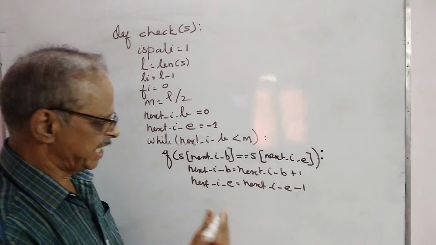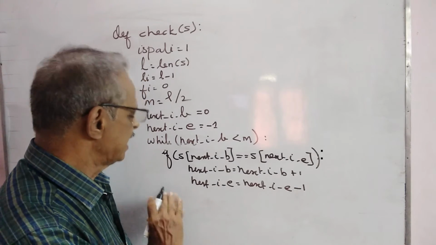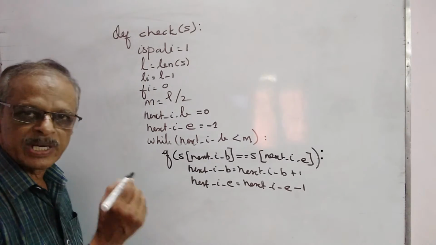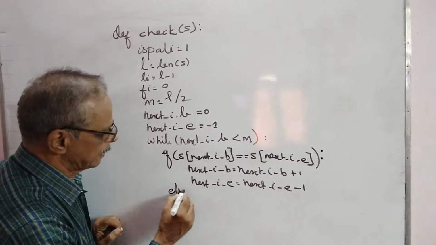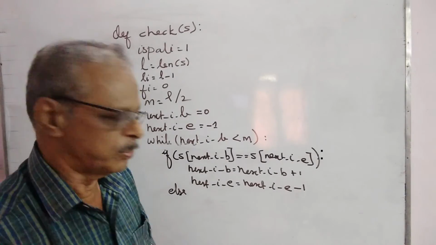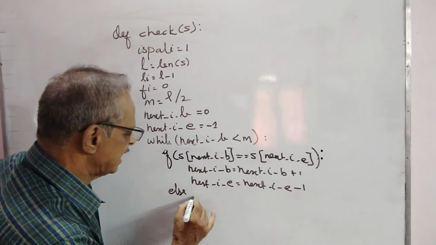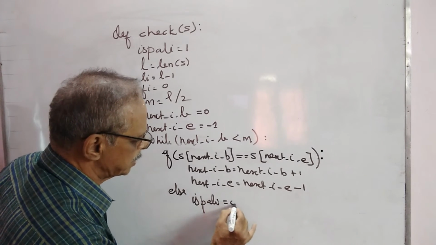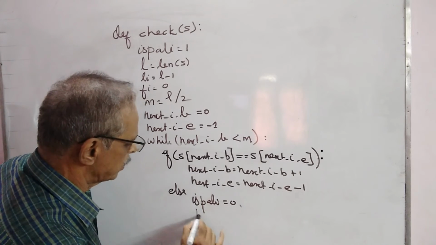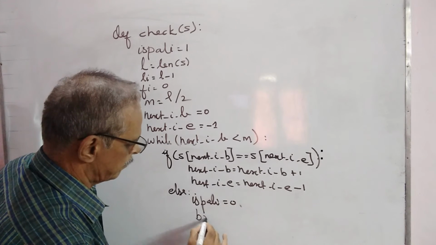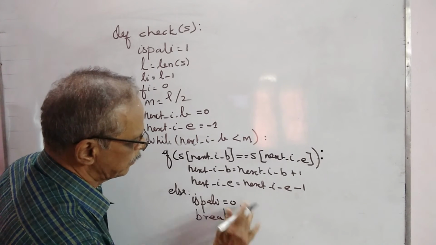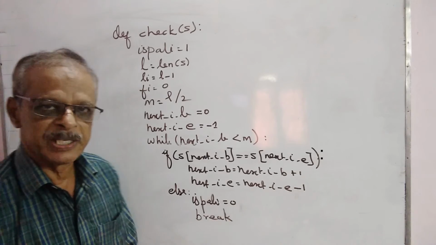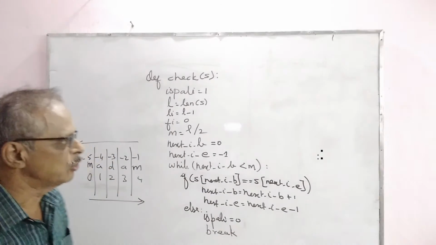If characters are equal, we change next index from the beginning and also next index from the end. If any two characters are different, we have to come out of the loop after setting is pally equal to 0 and break the loop. We come out of the loop after changing the value of is pally to 0. We have come out of the loop.